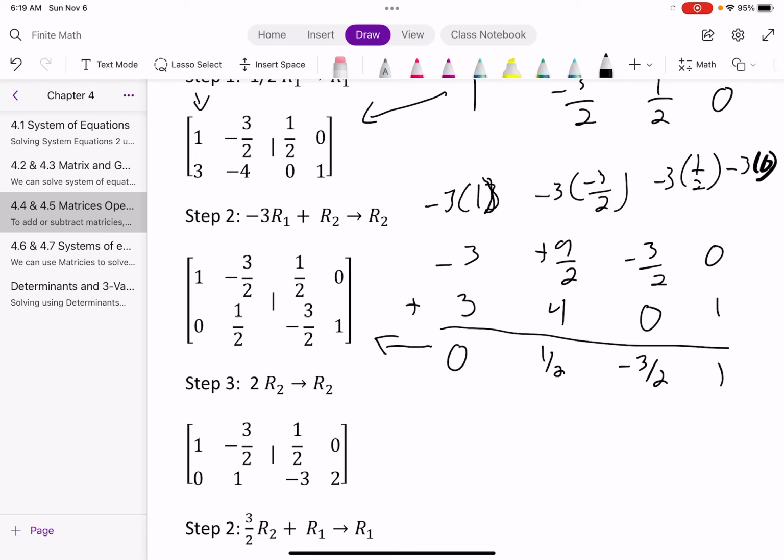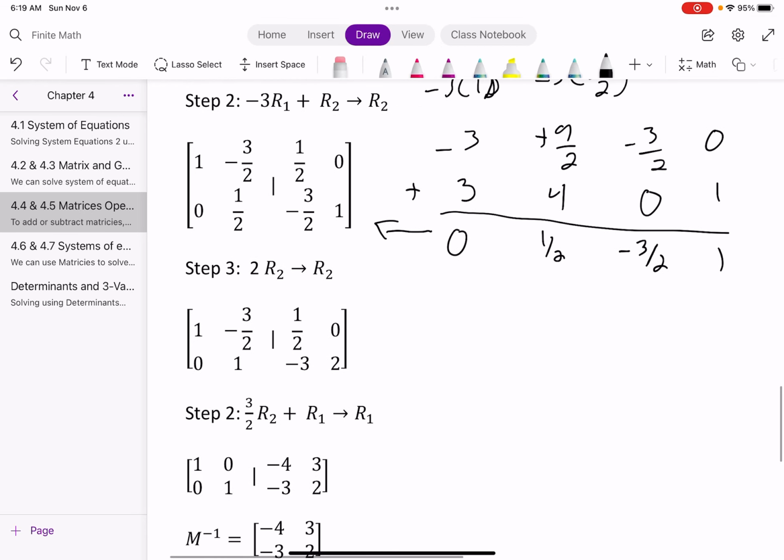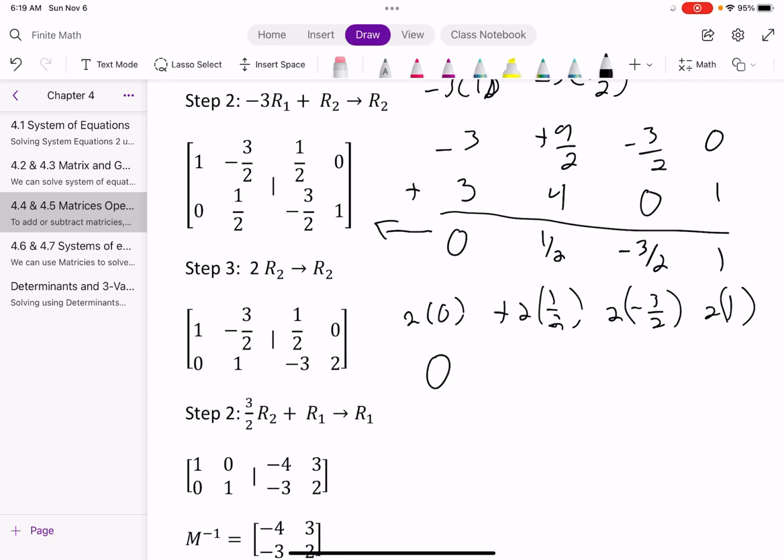And then step 3, I multiply row 2 by 2 and replace row 2. So if I multiply this by 2, I get 2 times 0, 2 times 1/2, 2 times negative 3 halves, and 2 times 1. I then get 0, 1, negative 3, and 2, and this becomes my new second row.